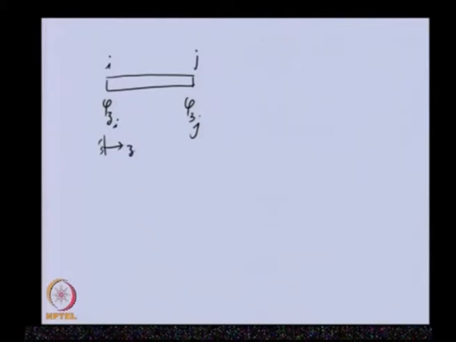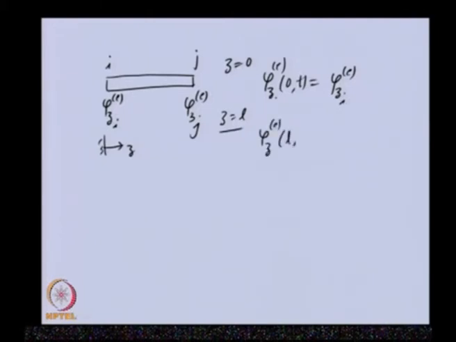So we have a boundary condition that at z is equal to 0, phi z is phi z I for the element, all are for the element because we are representing this particular element only. Similarly, at z is equal to L, we have another boundary condition, that is phi z j.